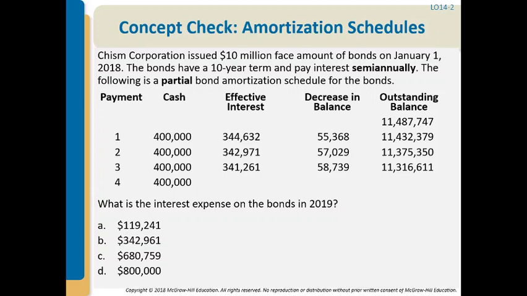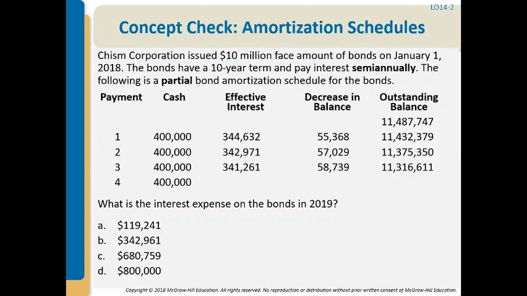So essentially, what you've got here is the first two payments, which are in 2018. The third payment is in 2019. The fourth payment needs to be calculated, and that will be for 12/31/2019.